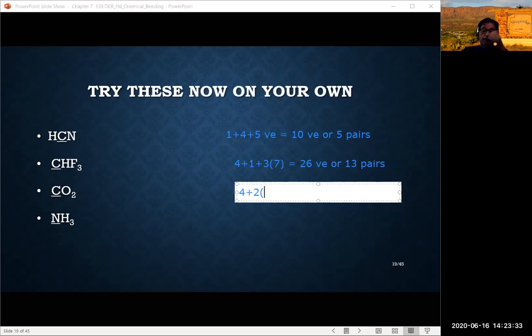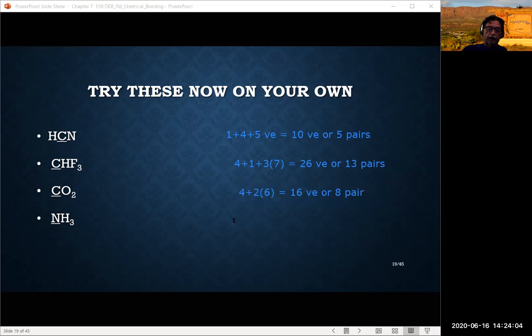How many valence electrons does oxygen bring to the table? 6, exactly. So we got 6 times 2, that's 12, plus 4. It gives us 16 valence electrons, or 8 pair.